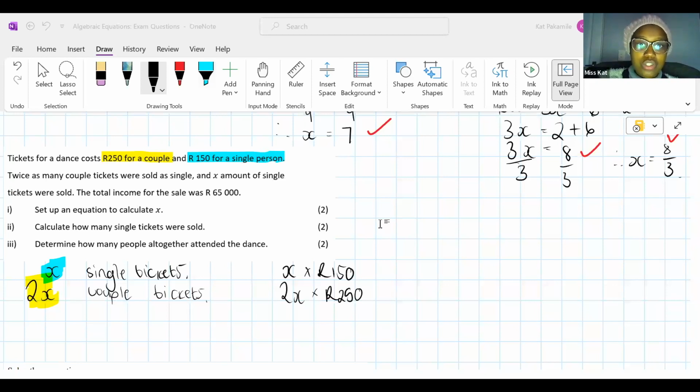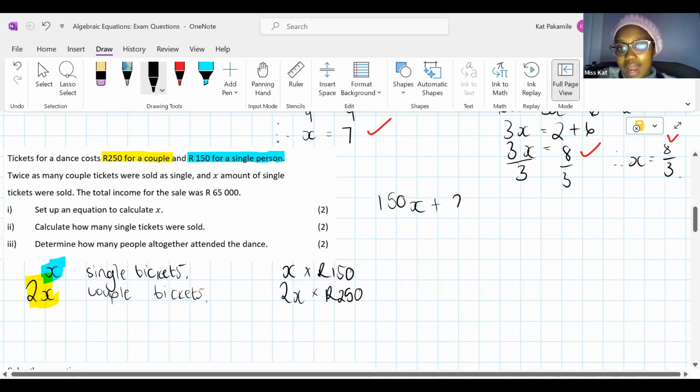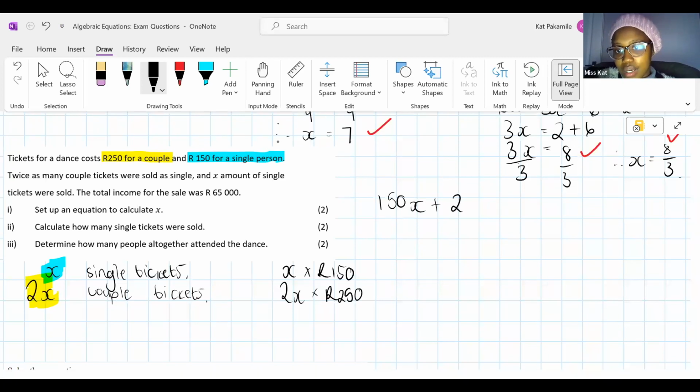So if I'm gonna set up an equation, I'm gonna say 150 times X plus 250 times 2X is equal to 65,000 Rand. Now who's lost? Okay, Nobile says I'm lost. Nsuku says no, I have no idea what that means.